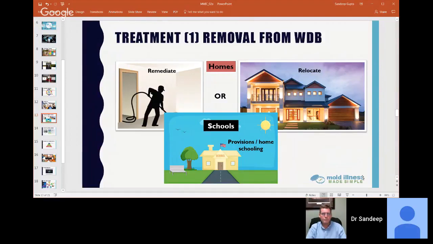And so if you've got a child who's in a building that has a high ERMI score, is there a particular process or a particular series of steps which you suggest that parents follow in order to work out what they're going to need to do to remediate or relocate and get into a safe building?